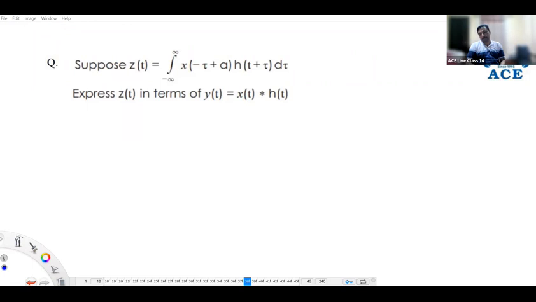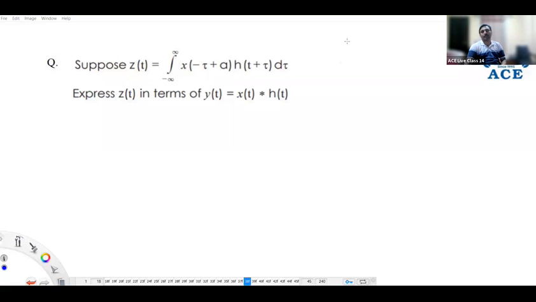Respond. I am giving the chance for you only. How to write z of t in terms of y of t? I am expecting an answer from you. What Vishal Kumar? What is my question and what are you saying?